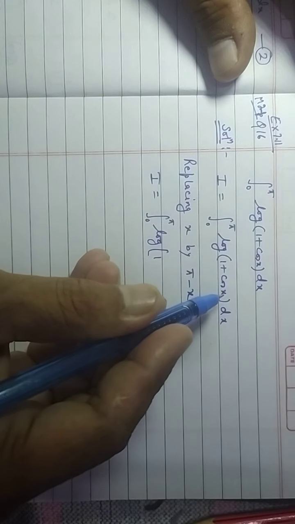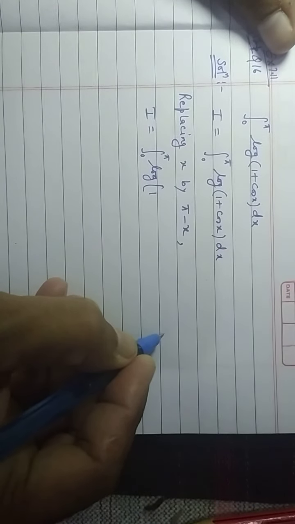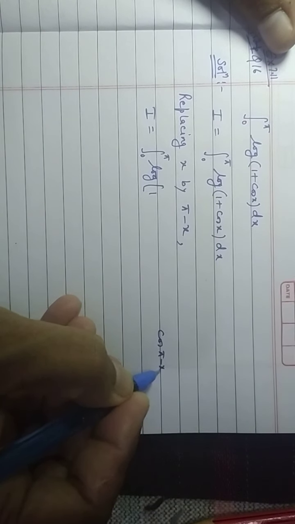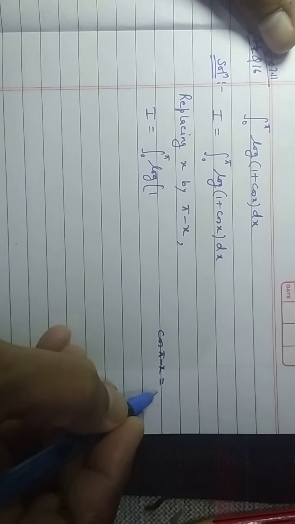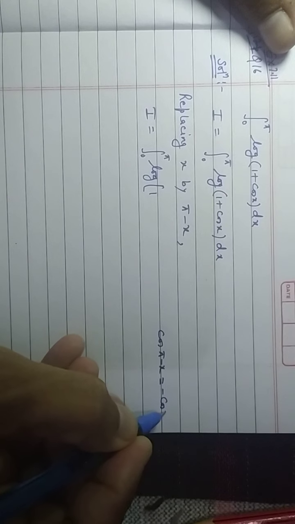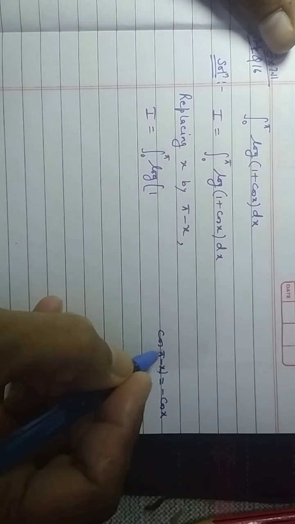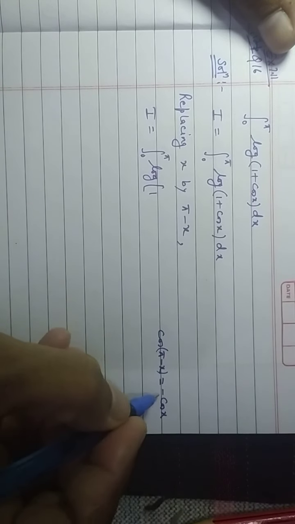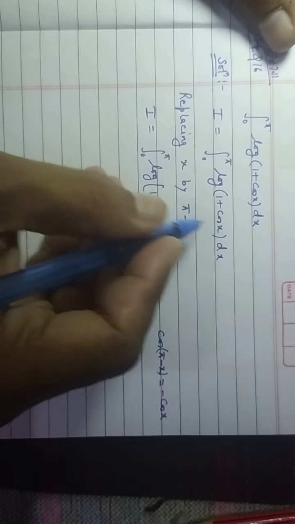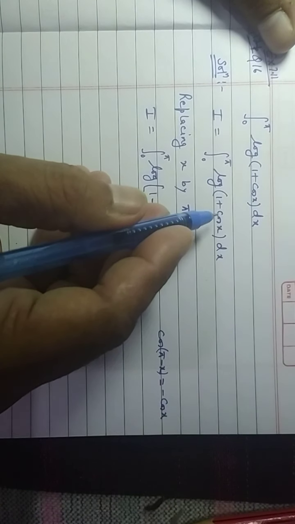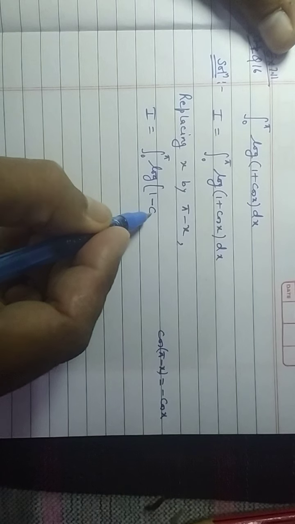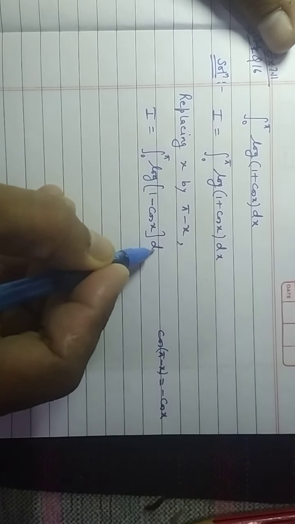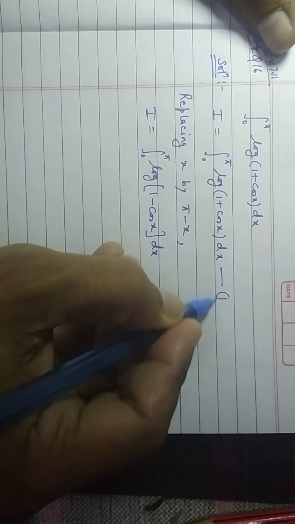Now see, if you replace x by pi minus x, cos(pi - x) is minus cos x. In the second quadrant, cos is negative, so minus cos x. So in place of plus cos x, we will write minus cos x. Let this be equation 1 and this be equation 2.